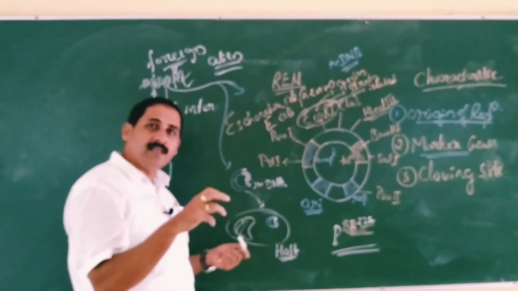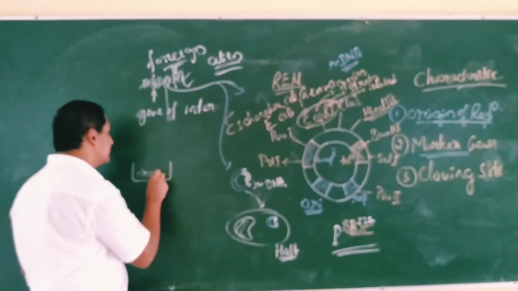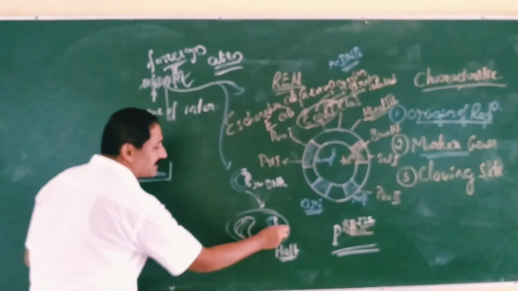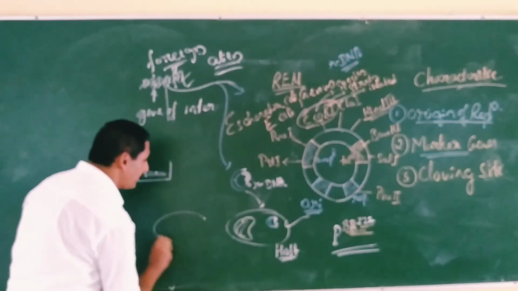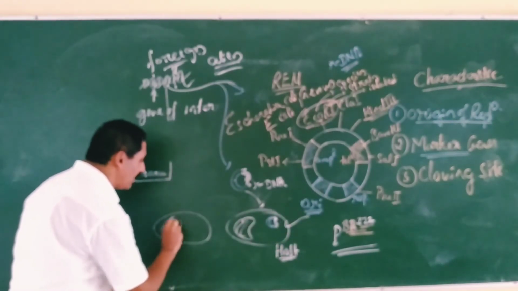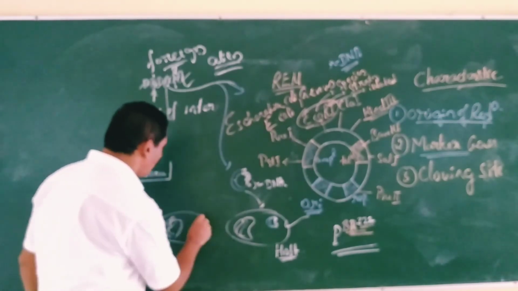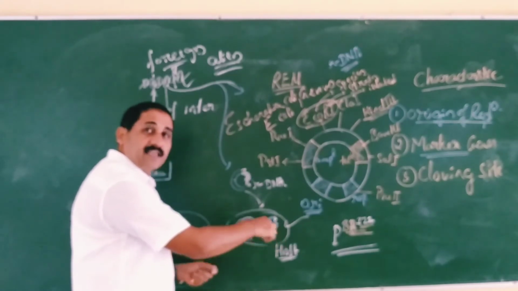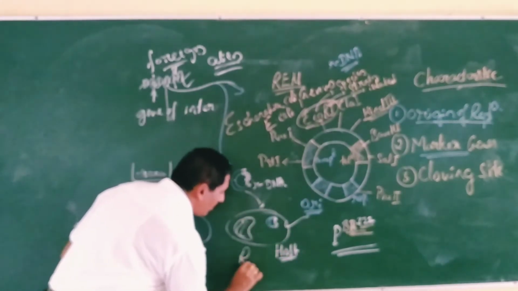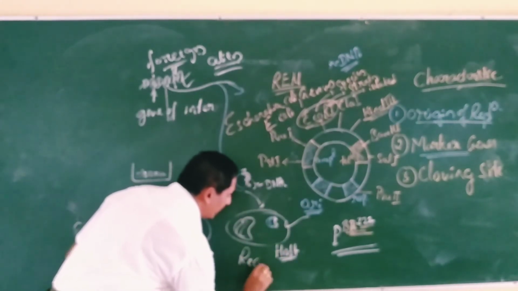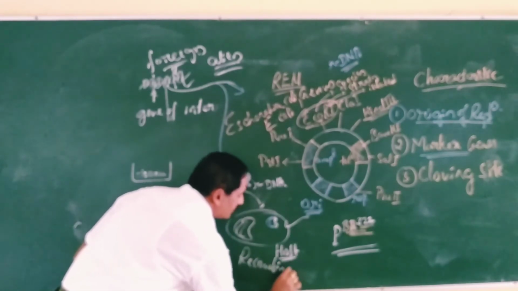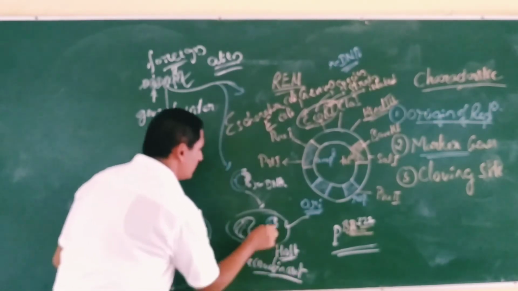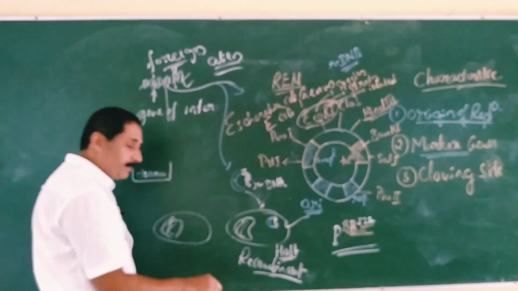Out of these millions of bacteria, some are transformed and some are non-transformed. The transformed bacteria are called recombinant bacteria, and we have to recover them.